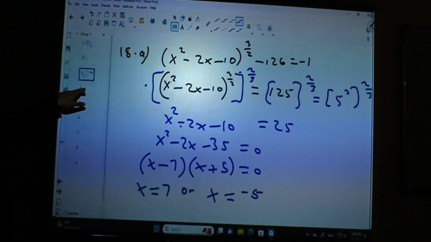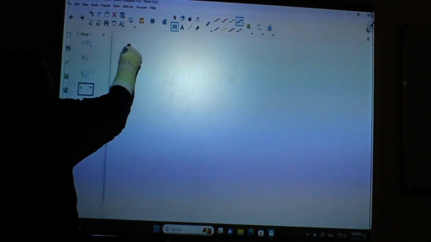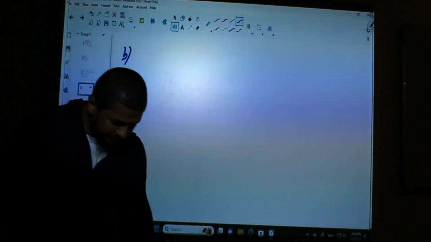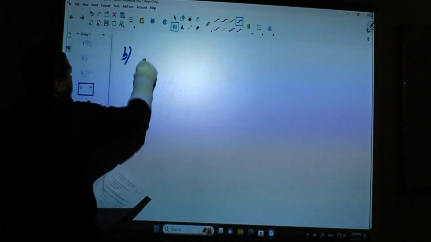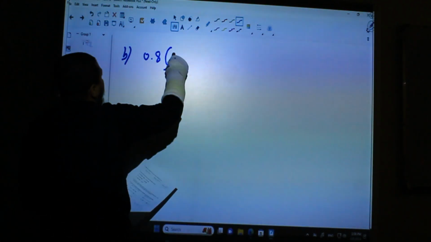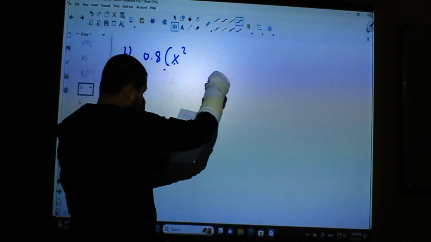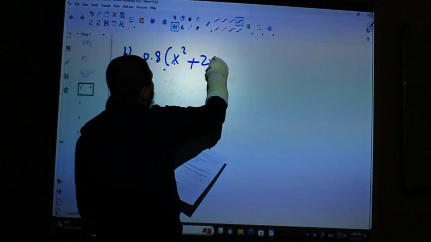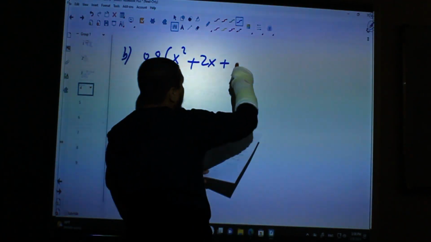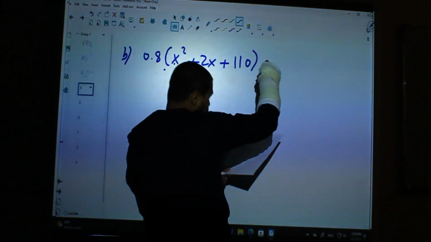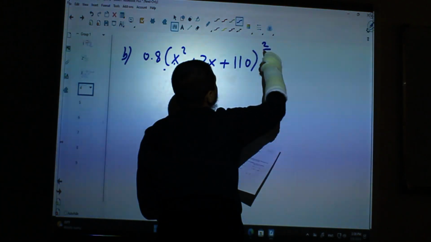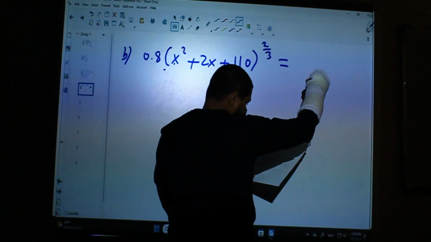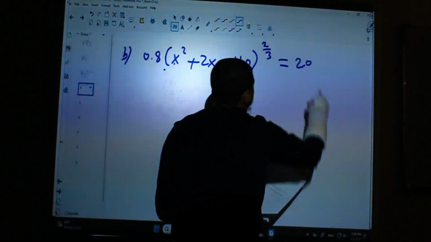Looking at the next one, something similar to this, part B. We have 0.8 times x squared plus 2x plus 110, to the power 2 over 3, is equal to 20.